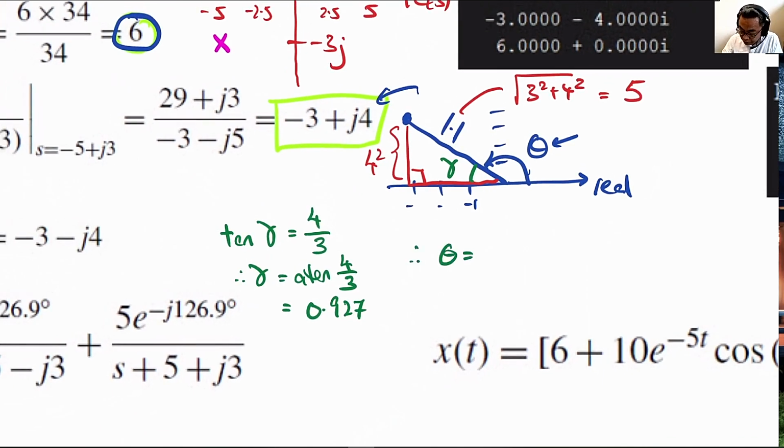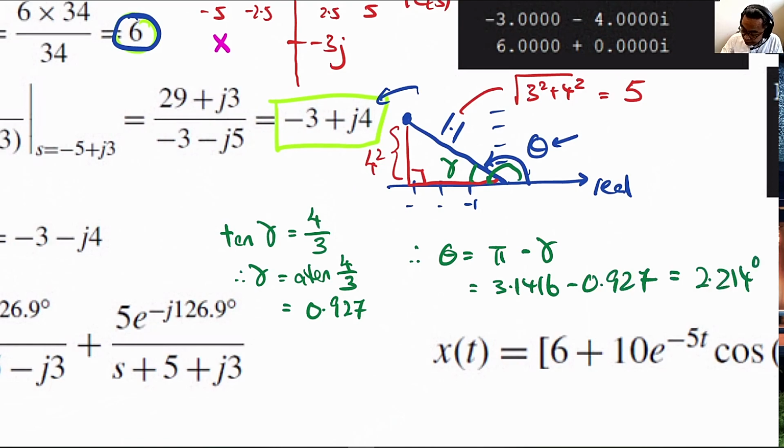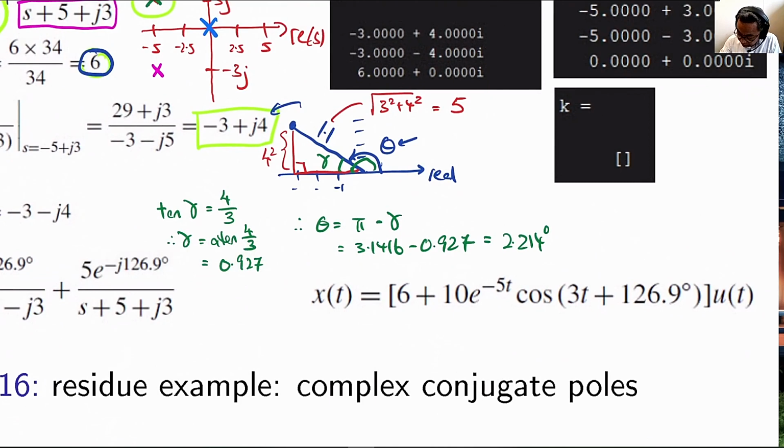Therefore, theta equals pi minus gamma, which is 3.1416 minus 0.927, and the answer is 2.214 radian. Later on you'll see degrees somewhere, which is very strange, but never mind. We convert our radian to degrees. 2.214 radian is equal to 126.9 degrees. Exactly this one.